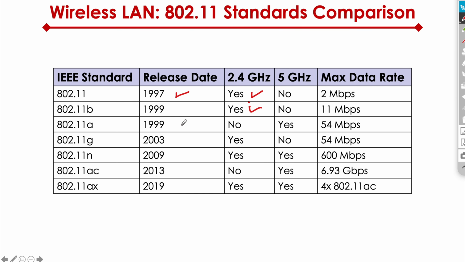Then 802.11a came out the same year, but it was on the 5 gigahertz band, and it offered much better throughput, 54 megabits per second. But the reason 802.11a never took off is because at the time when B and A were introduced, there was a special silicon chip inside the access points that needed the 802.11a technology to be implemented.